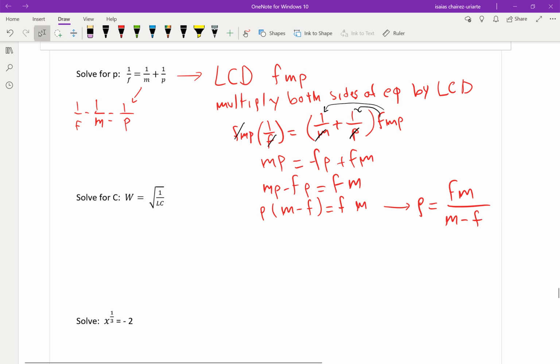Let me solve for C. In order to start solving for C, the first thing I'm going to do is square both sides. Why am I going to square both sides? Because I need to get the C variable, which I need, outside of the square root.